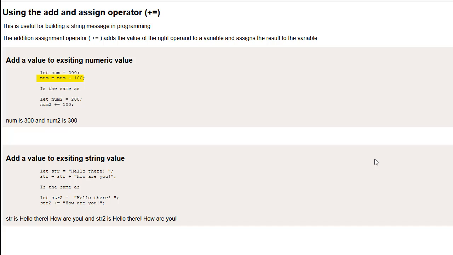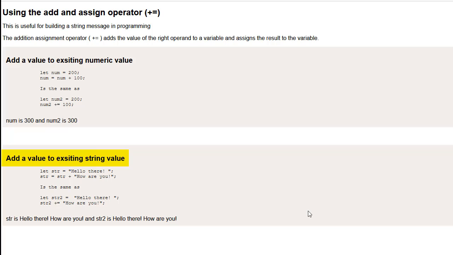However, this is a shortcut. So now I'm doing it again. Let num2 equal 200, num2 plus equals 100. Rather than repeating the name of the variable, we have plus equals, meaning I'm adding 100 to that variable, so the new value of num2 would be 300.